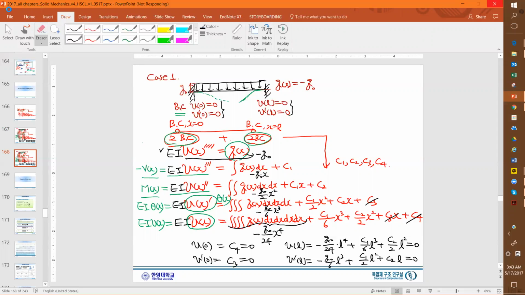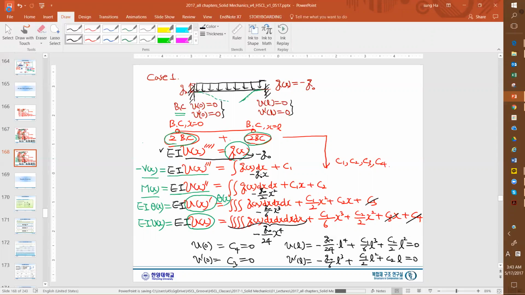Okay, what I'm trying to do is to consider a slightly different boundary condition, such as a free boundary condition. Okay, free boundary condition.